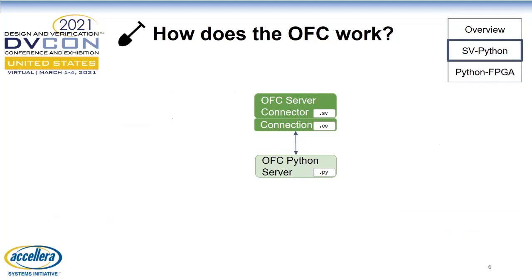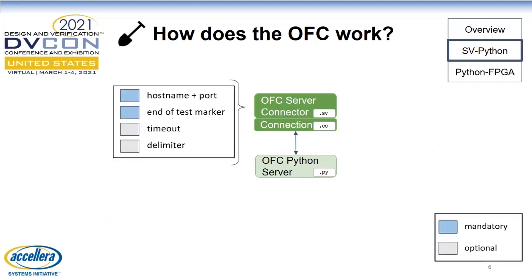If you are going to use the OFC framework, you will need to provide some basic configurations. For the OFC server connector, you have to set the hostname and port number of the Python server in order to establish a connection. Also, because there is no way to know when the DUT has finished processing all items, as the test bench is no longer directly connected to the DUT, an end-of-test marker should be provided.